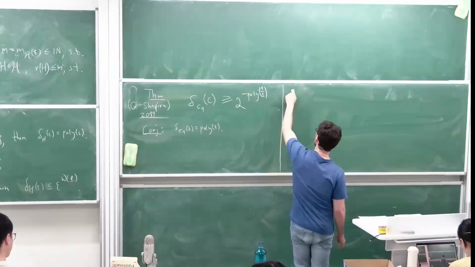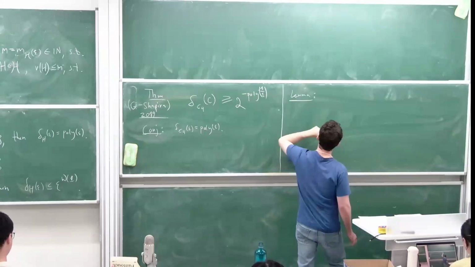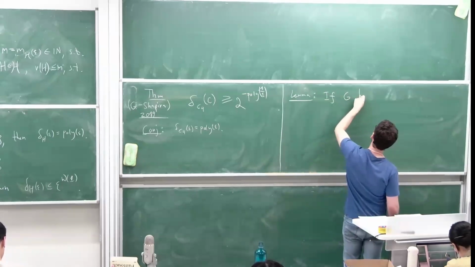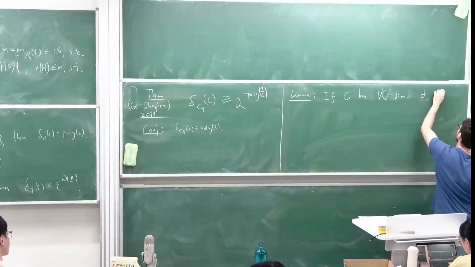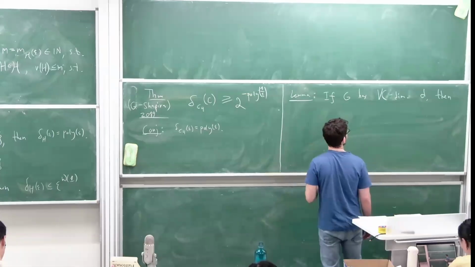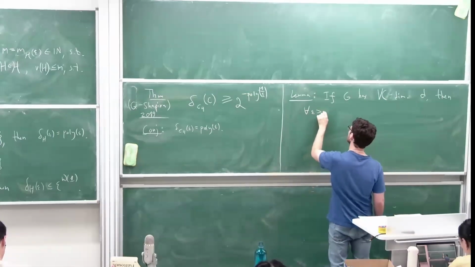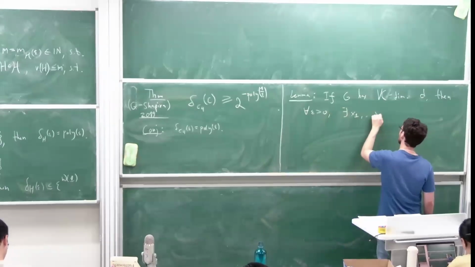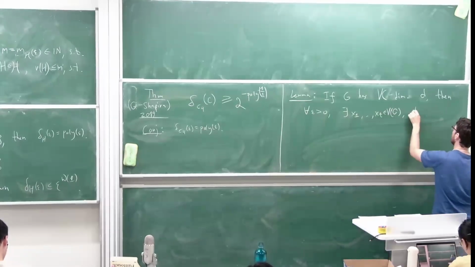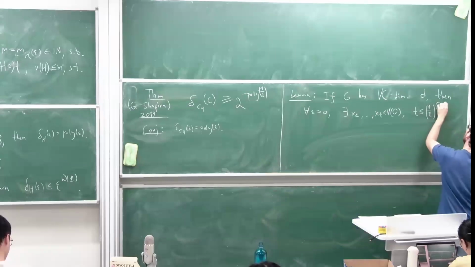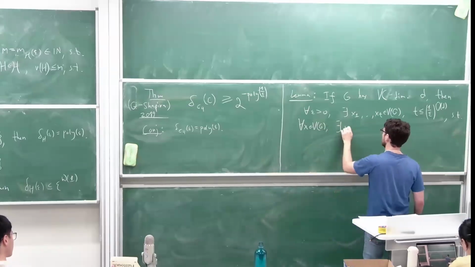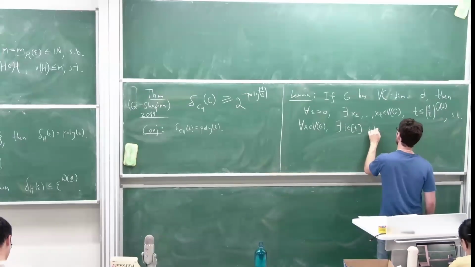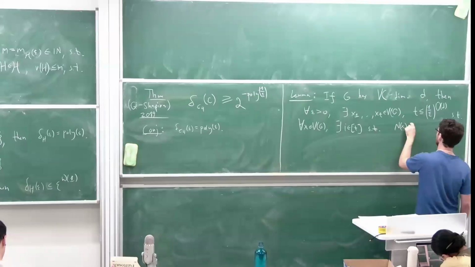We proved this lemma: if G has VC dimension d, then for every epsilon, there exists some small number of vertices such that for any other vertex x, there is some i such that the neighborhood of x is very close to the neighborhood of x_i.